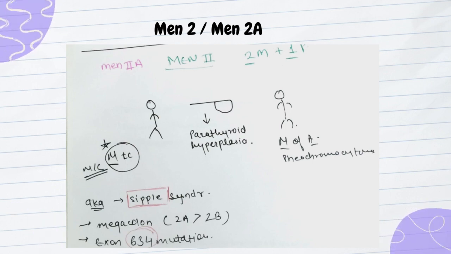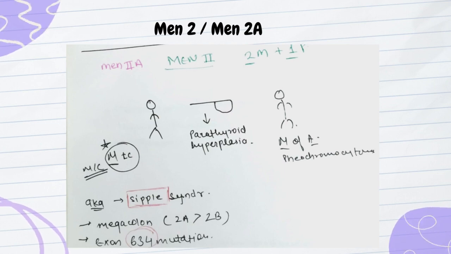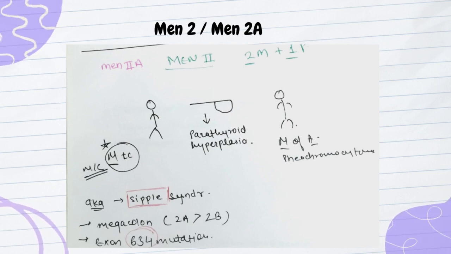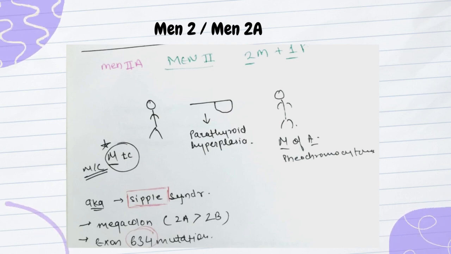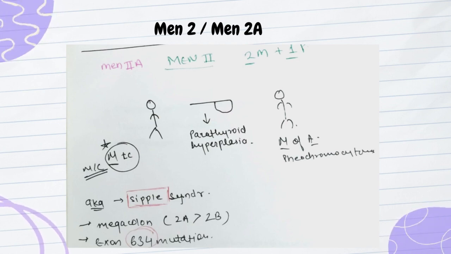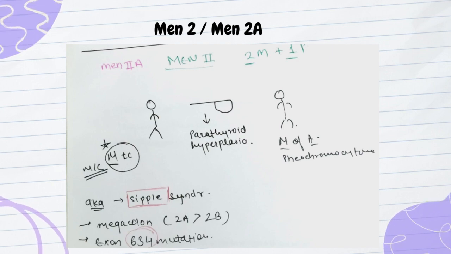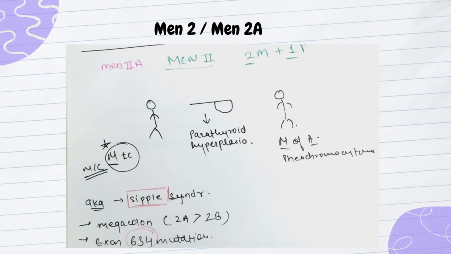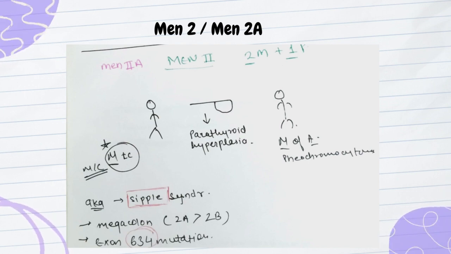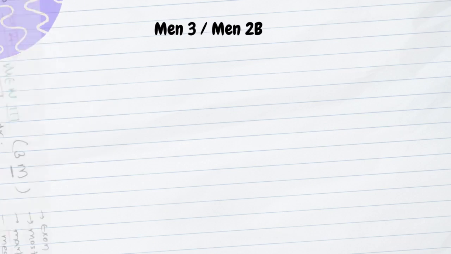MEN 2 is also very important. MEN 2 is also called Sipple syndrome, and it occurs due to exon 634 mutation. And patients with MEN 2 also have megacolon. Okay, so keep this in mind, remember this.